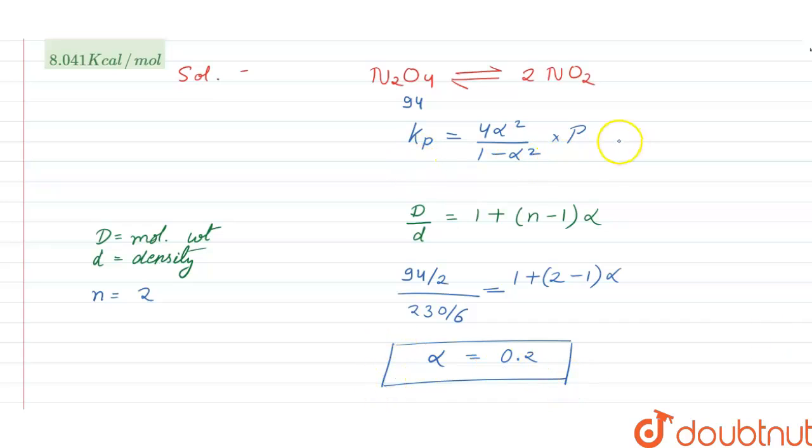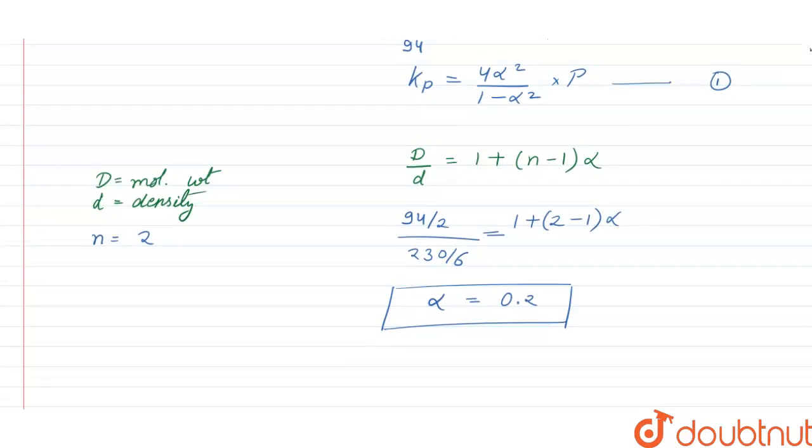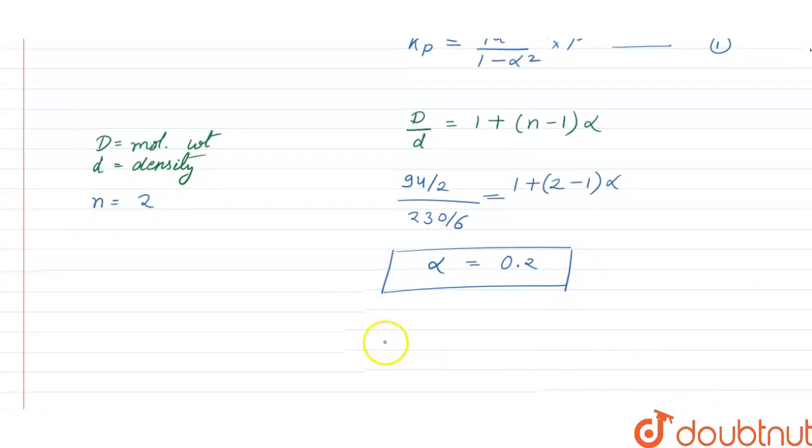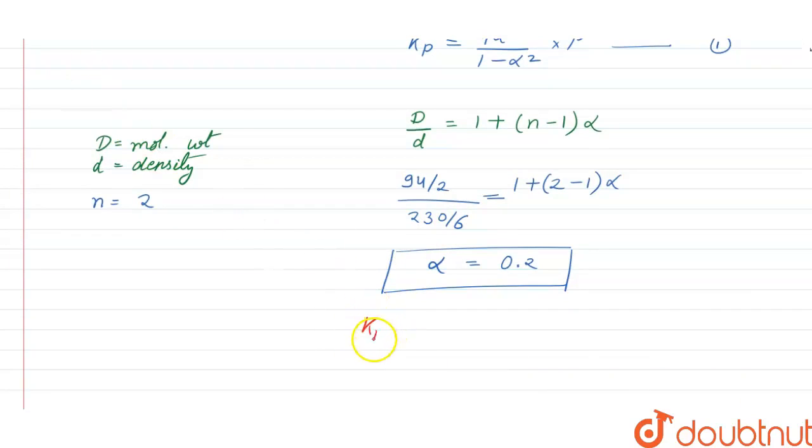Now we can put the value of alpha in the first expression for the equilibrium constant of the reaction, then calculate the Kp value. The Kp value can be calculated by this formula: 4 into alpha, which is 0.2, whole square, divided by 1 minus 0.2 square, into pressure, which is given in our question, that is 0.96.